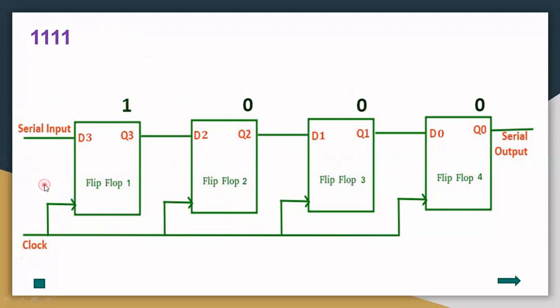Then second, this bit from here shifted to here, and the next most significant bit appears here. See, in the next clock pulse, this shifted from Q3 to Q2, and a new bit appears here.